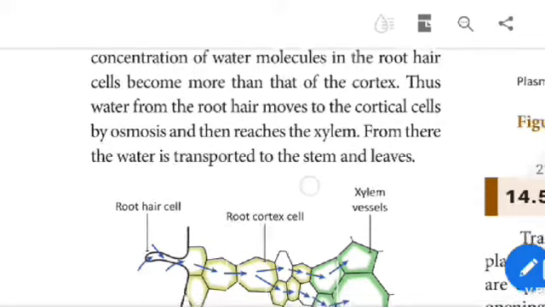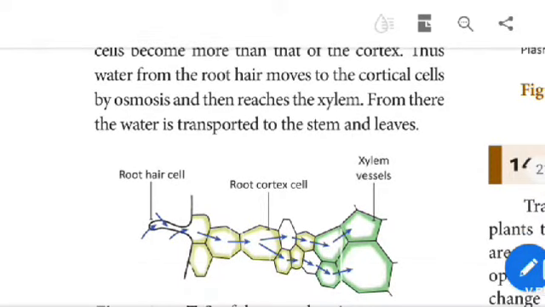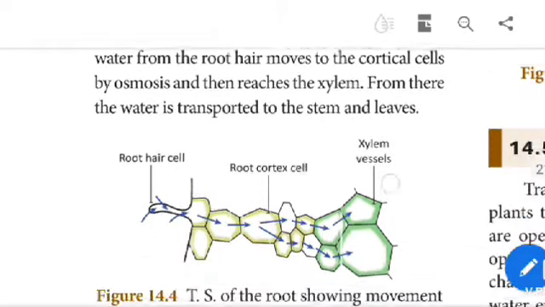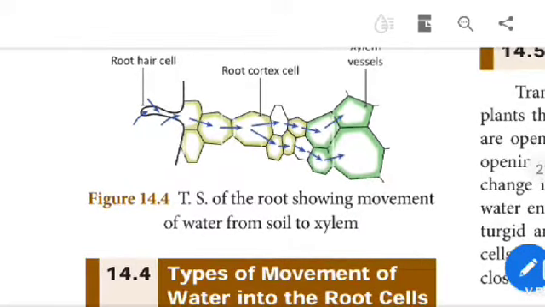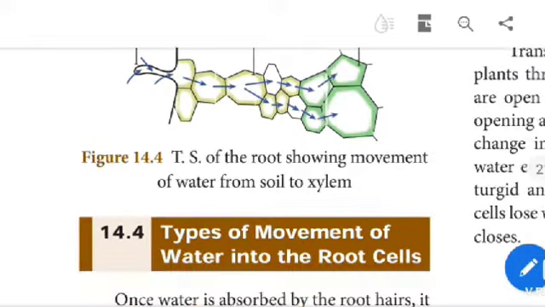From there, the water is transported to the stem and leaves. Tiers of the root showing movement of water from soil to xylem. See, the root hairs are absorbing water. The root cortex cells pass it on and it goes to the xylem vessels.